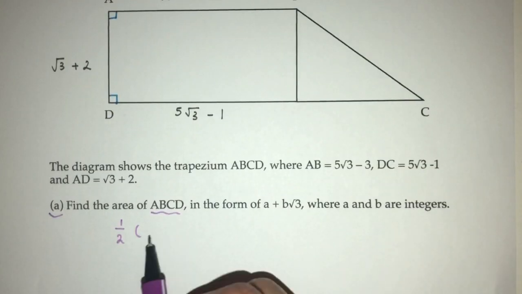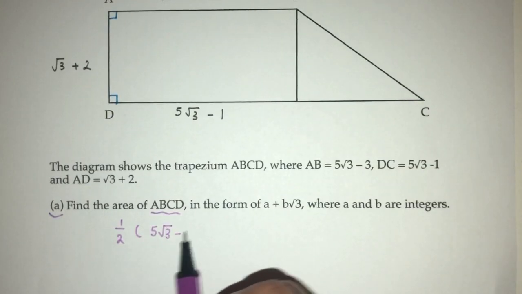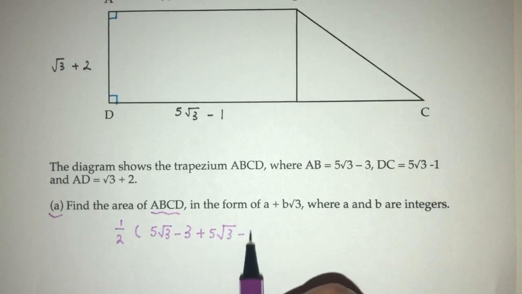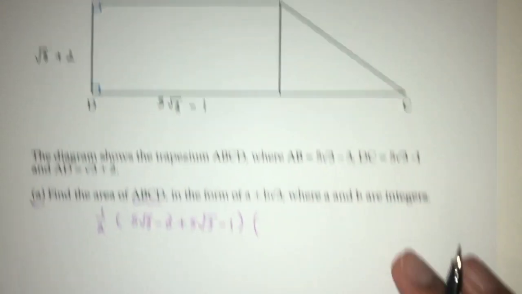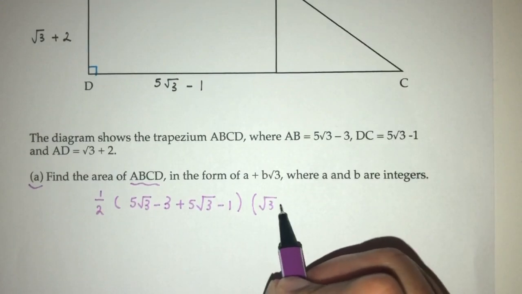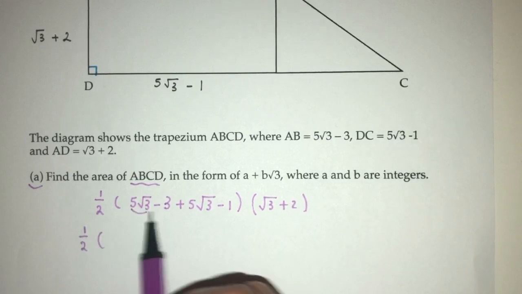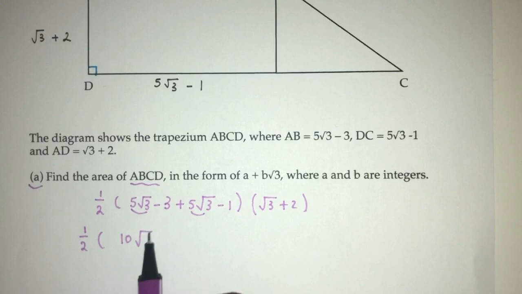So add them together, you have 5 root 3 minus 3 plus 5 root 3 minus 1, times the height in between, which is this one, root 3 plus 2. That will be half. Simplify this plus this, that will be 10 root 3, and minus 3 minus 1 is minus 4.